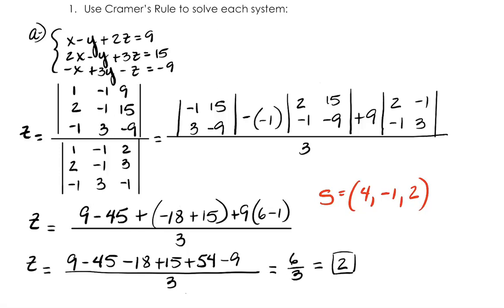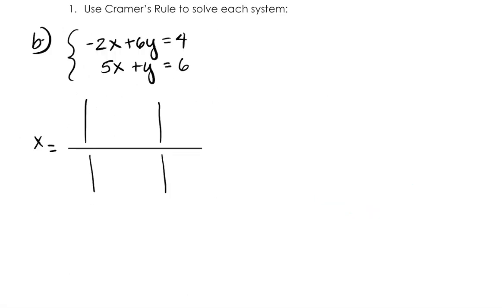Now let's move on to part B. Since we are trying to find x, we are going to take the solution to our system and put it in the first column. And then we are going to take the coefficients of y and put them in the second column. And in the denominator, we will have the determinant of the system.